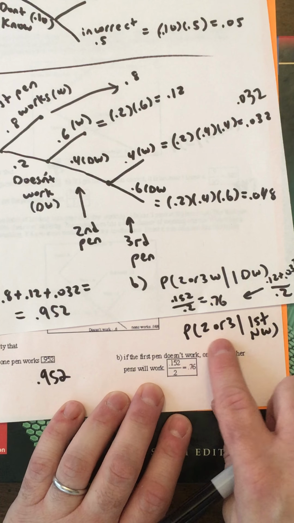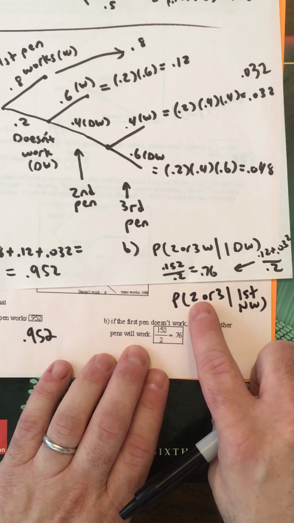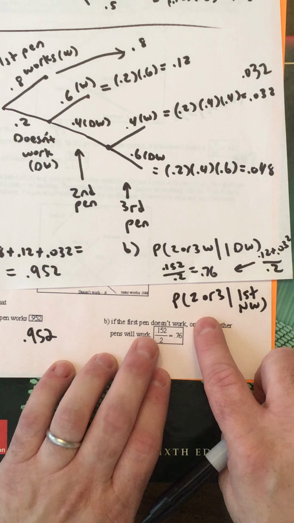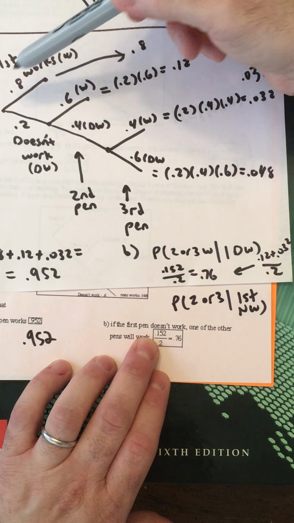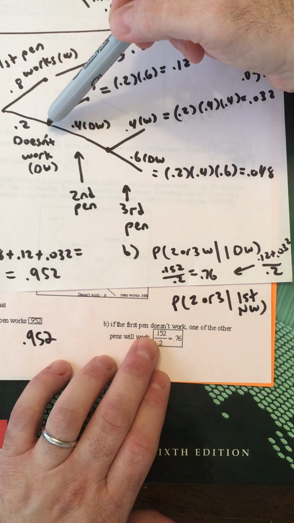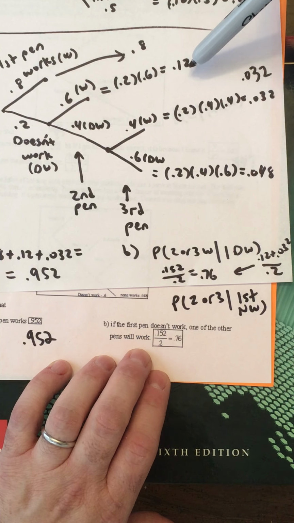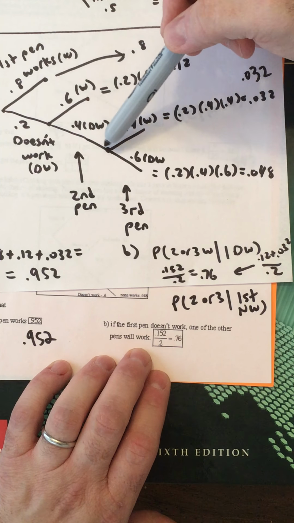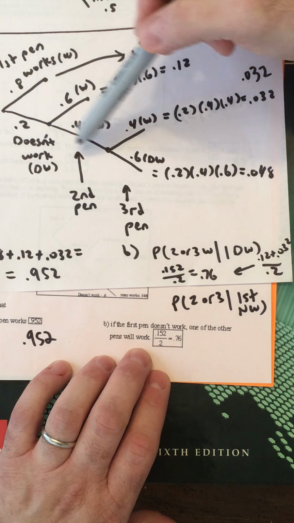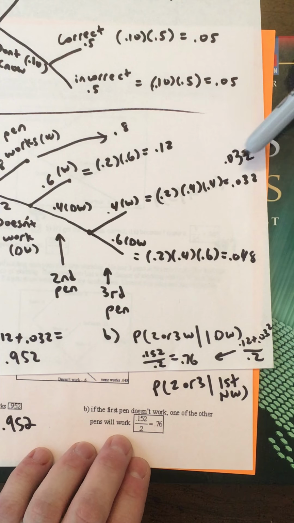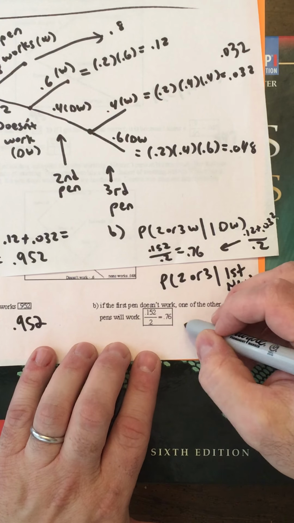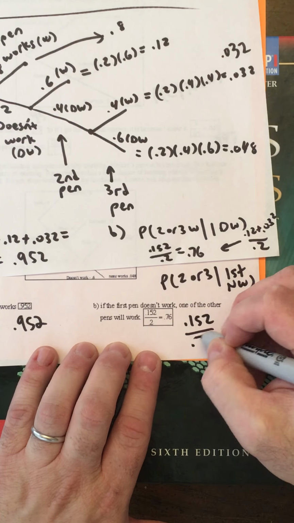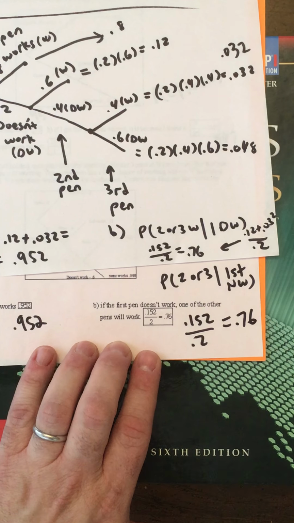And the probability of 2 or 3 is the probability that you have the second pen working and the first pen doesn't work, which is going to be 0.12. Or the third pen working when the first and the second don't work is 0.032. Add 0.12 and 0.032 to get 0.152. It's going to be 0.152 over 0.2, and that's 0.76.